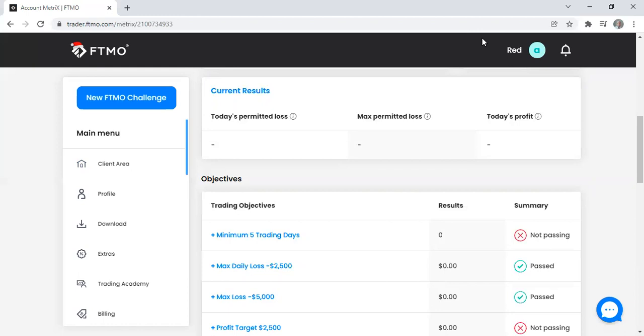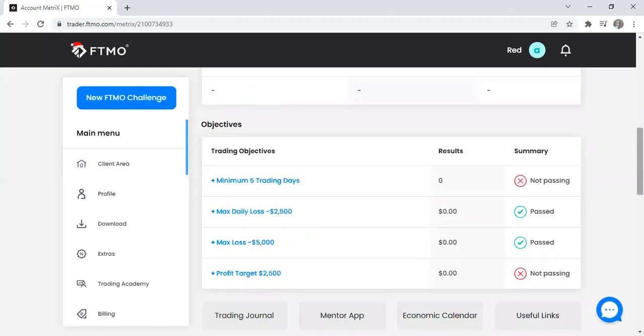Sometimes you might hit 5,100 US dollars in maximum loss, then turn it around and end up making, I don't know, $3,000 in profit, so I'll still be willing to listen. But what happens is you automatically get disqualified, especially when it comes to the maximum loss, because like I mentioned before, risk management is the most important part. Profit, we can always negotiate, but when it comes to the maximum daily loss and total maximum loss, it's very difficult to do so.